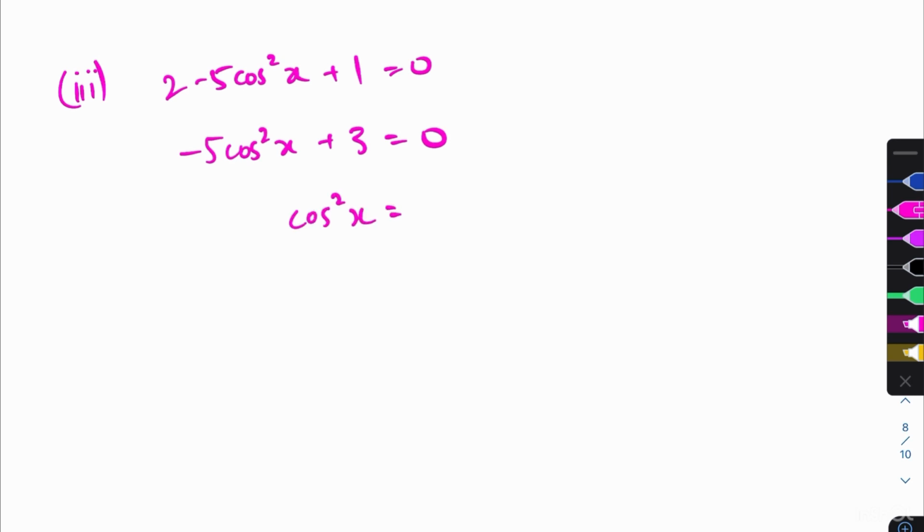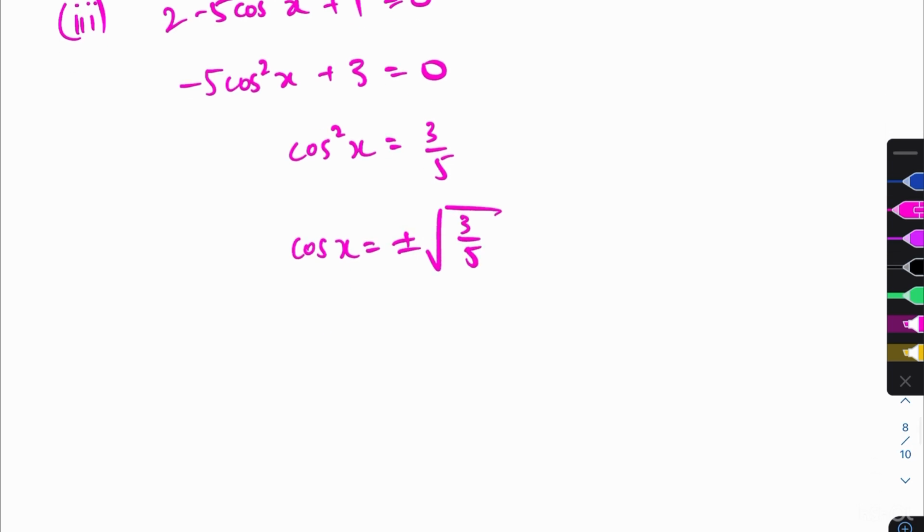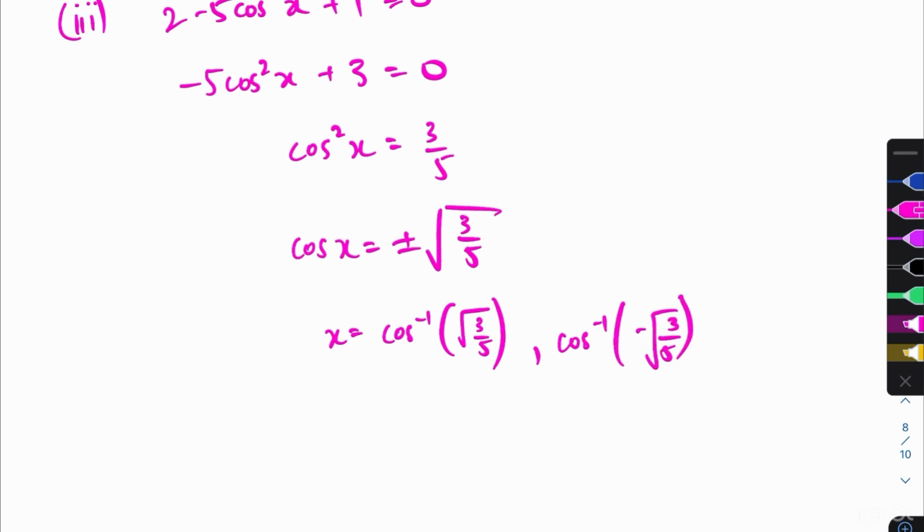Cos squared x equals 3 over 5. Cos x equals plus or minus root 3 over 5. And then x equals cos inverse root 3 over 5 and cos inverse minus root 3 over 5. Oop, this root comes over the whole thing.